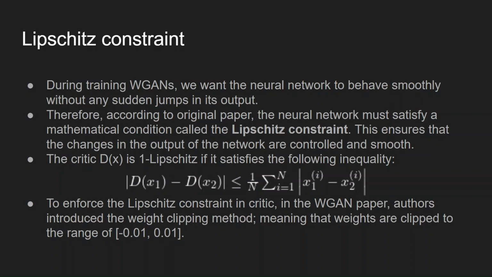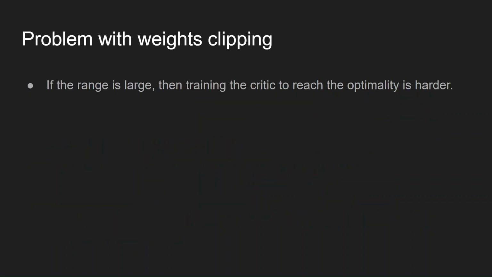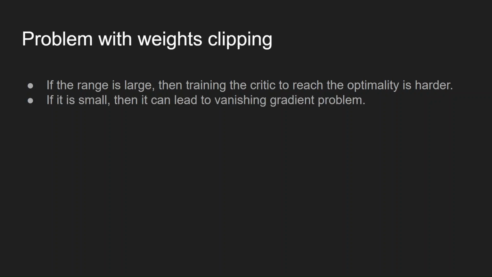But with this weight clipping, we have some potential problems. The first problem is that if the range is large, then training the critic to reach optimality is harder. The second problem is that if it is very small, then it can lead to vanishing gradient problems.